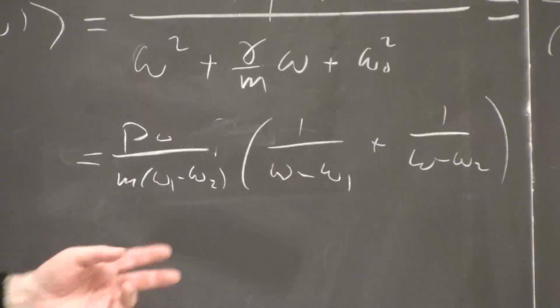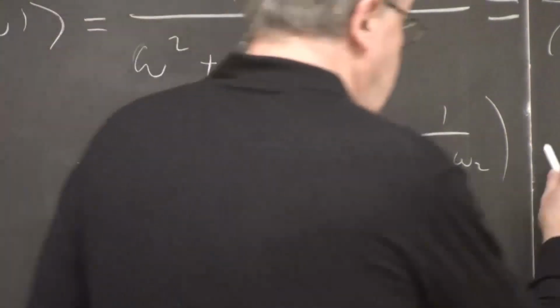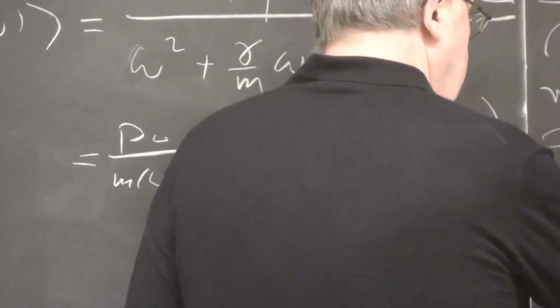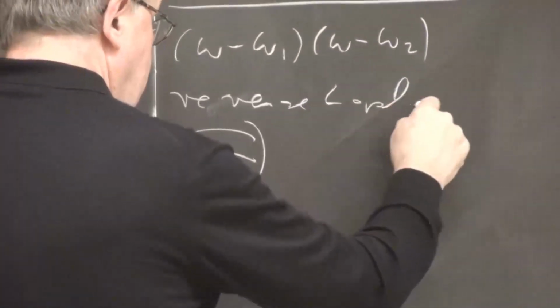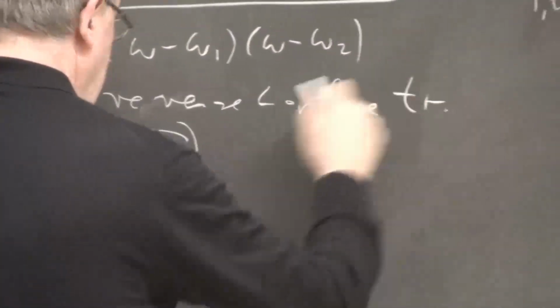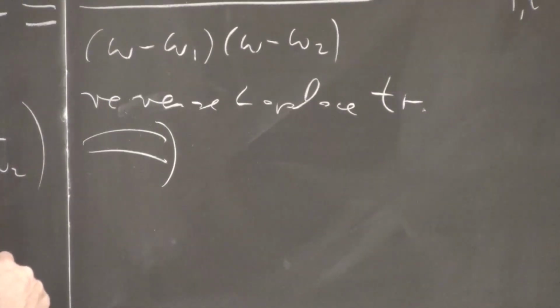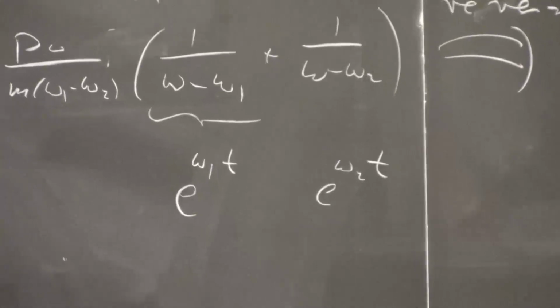So now these guys, however, are very nice because if we now go and do the reverse Laplace transform, then we find that these guys here are e to the omega 1t and e to the omega 2t. Just look up your mathematics book or derive it for yourself, and very straightforward.